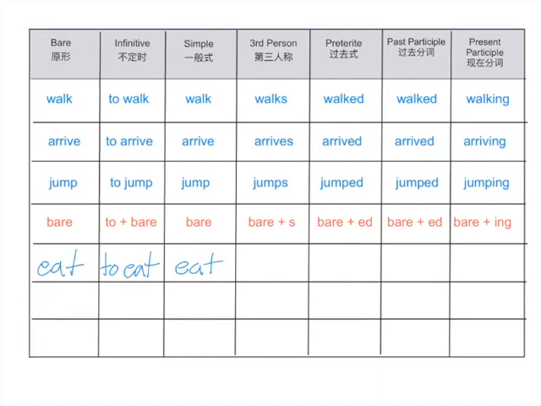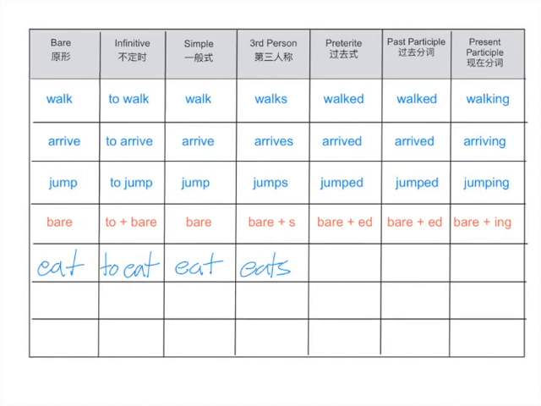The simple third person form is eats. Okay, so far so good. The verb is still following the rule for making the bare form into the infinitive form, making the bare form into the simple form, and making the bare form into the simple third person form.